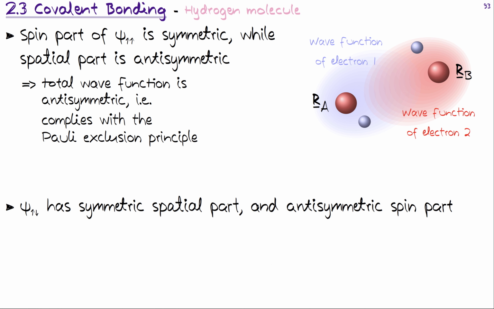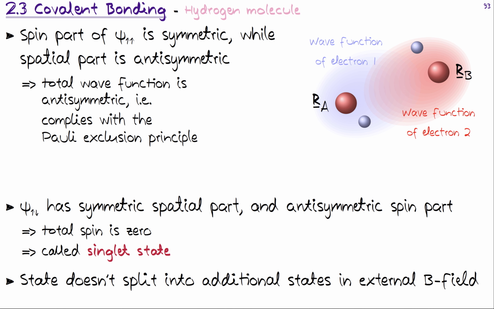So when we exchange the electrons, we see that the spin part is antisymmetric with respect to particle exchange. This means that the total spin of the system is 0, spin up plus spin down equals spin 0, and this is also called a singlet state.